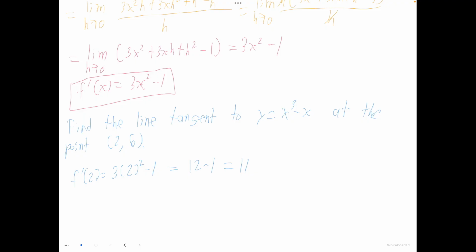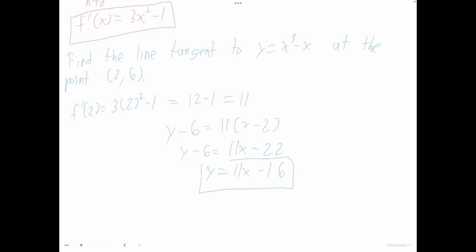And so the slope of the tangent line is 11, and we've got the point (2, 6). So we have y minus 6 equals m times x minus 2. So y minus 6 equals 11x minus 22. Moving things over, we have y equals 11x minus 16.